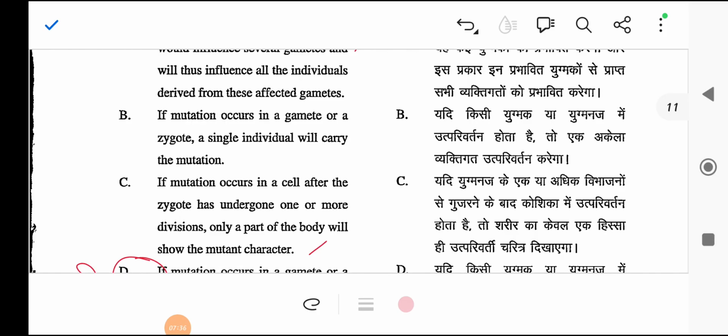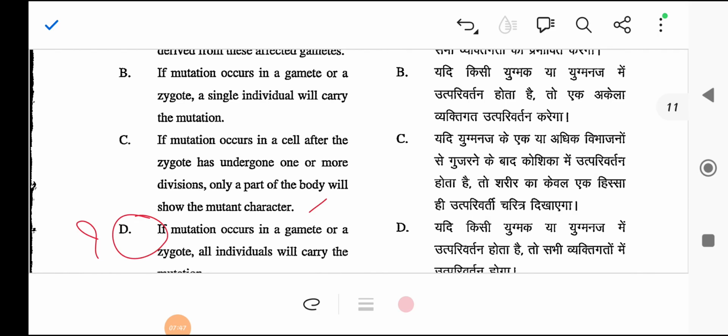So later on, if the mutation occurs, the single individual formed from that zygote will carry the mutation. Next is, if mutation occurs in a cell after the zygote has undergone one or more divisions, only a part will show the mutant character.